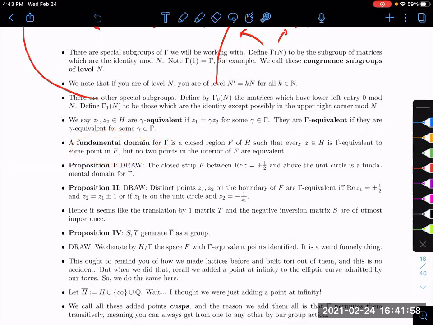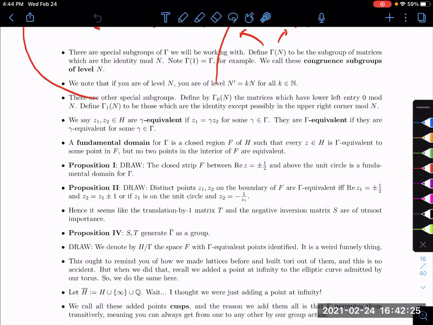A fundamental domain is a closed region F of the upper half plane, such that every single point in the upper half plane can be mapped into F with some member of capital gamma. By choosing a suitable matrix, you'll end up inside F.